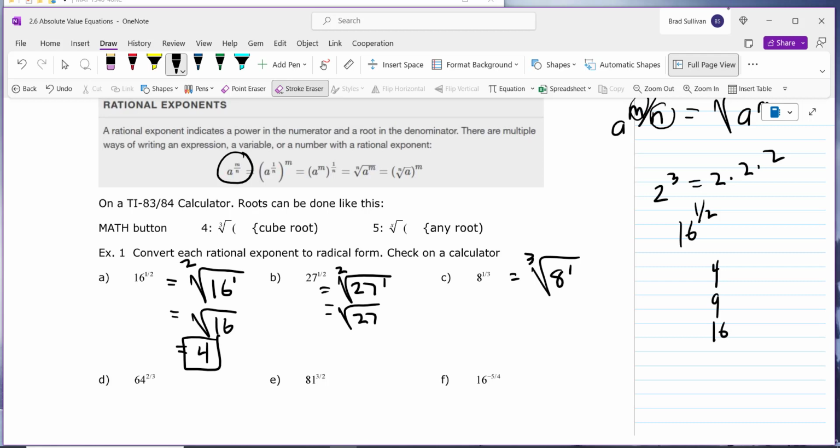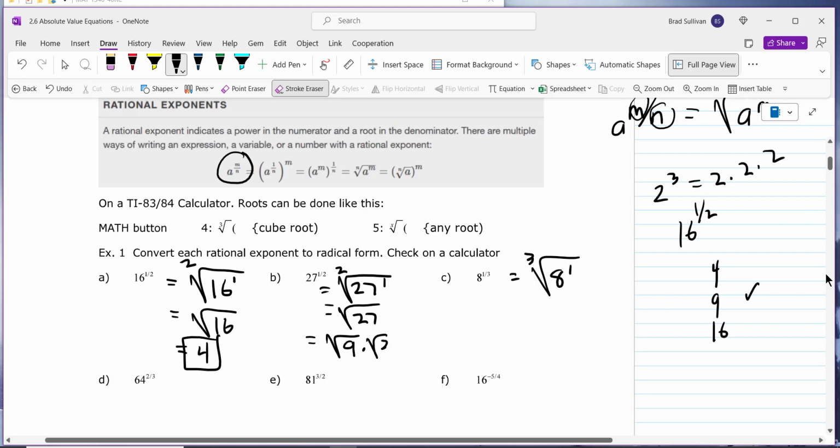How would you break up the 27? 9 times 3, right? 9 is a perfect square. So like we did a little bit in class today, we'd have the square root of 9 times the square root of 3. So what's the appropriate answer? 3 times the square root of 3, right? Okay, all right, so that's how you would simplify that expression.